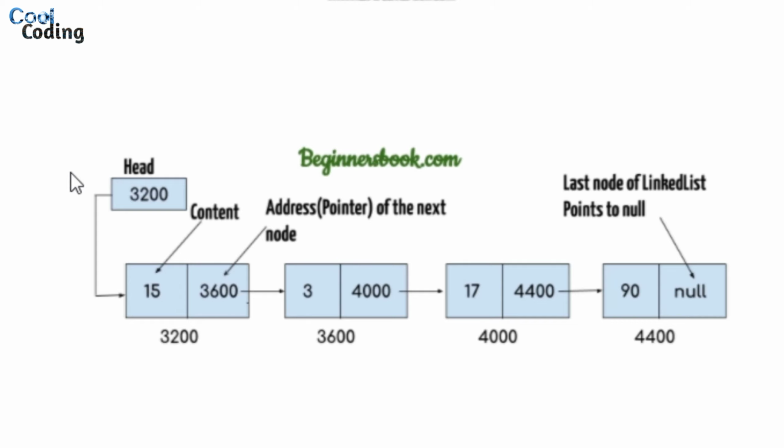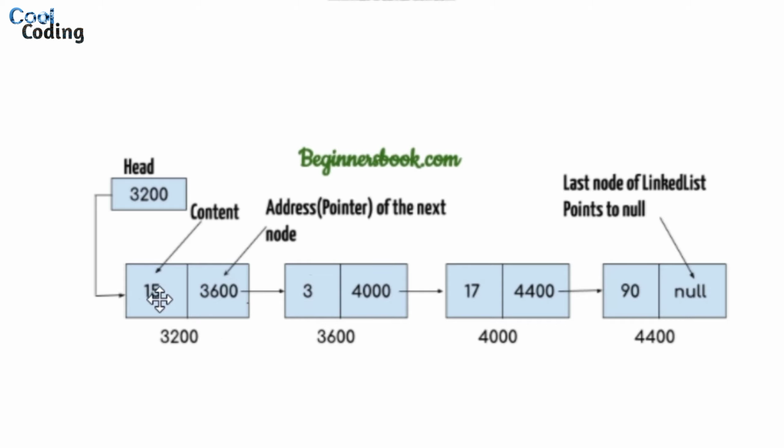In the head, we put the address of the first data, which means head is the pointer that will contain the address of the first data. Further on, this is the data and this is the pointer which contains the address of the next node. Here 3 is the data, 4000 is the address of the next node, and this 3 has the address 3600.